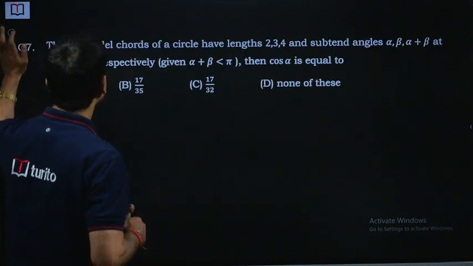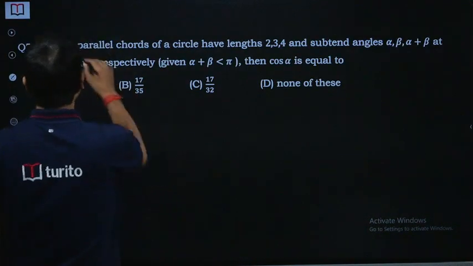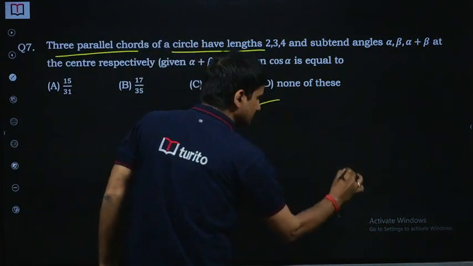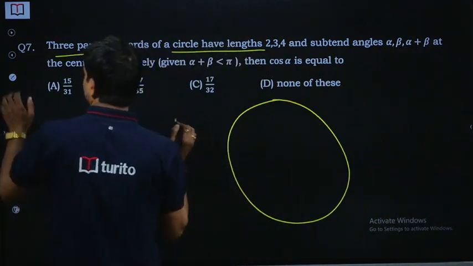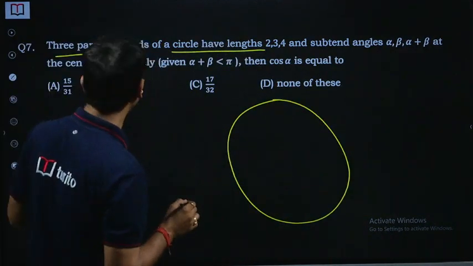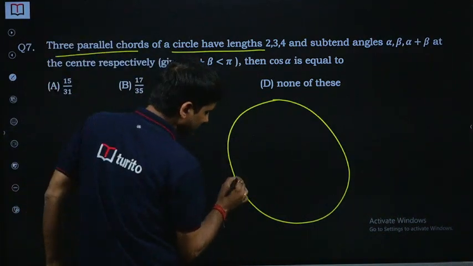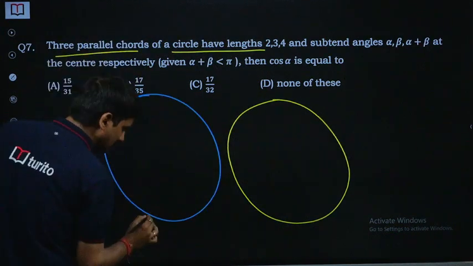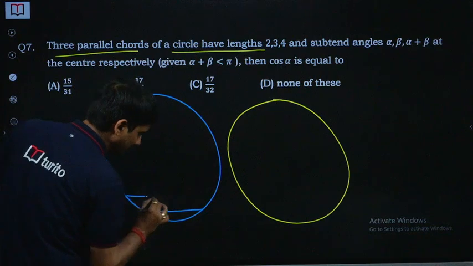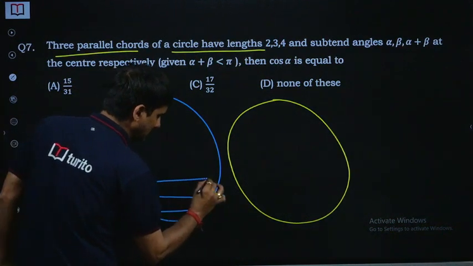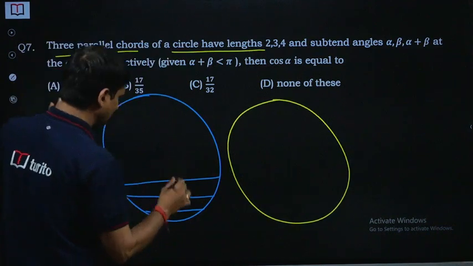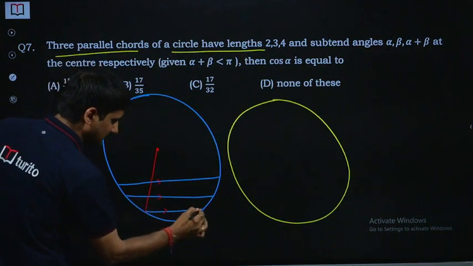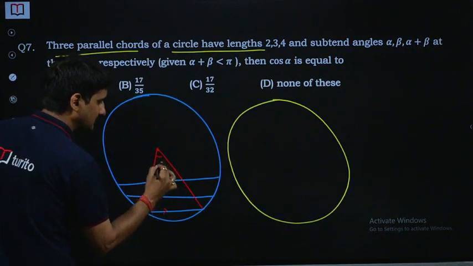So moving to the next one. Three parallel chords of a circle have lengths 2, 3 and 4. An interesting question. They have lengths 2, 3, 4 and subtend angles alpha, beta and alpha plus beta. So let's say the parallel chord of length 2 subtends at the center angle alpha.